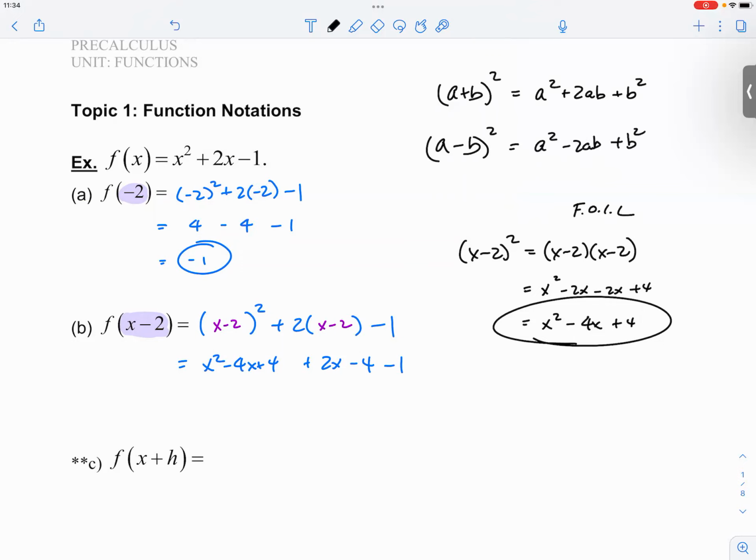So get yourself into a habit of thinking that it's not about distributing a square. It's about having the parentheses multiplying by itself, which requires us to do FOIL.